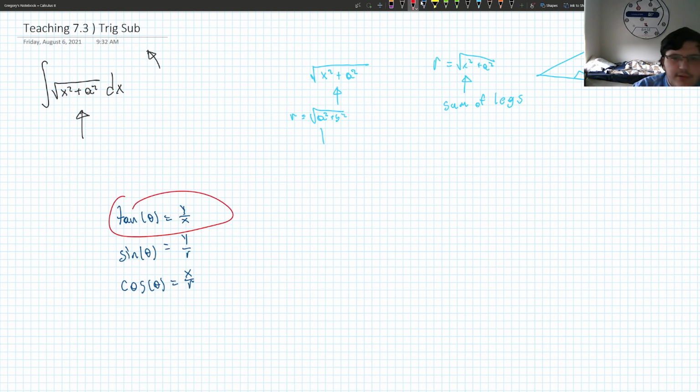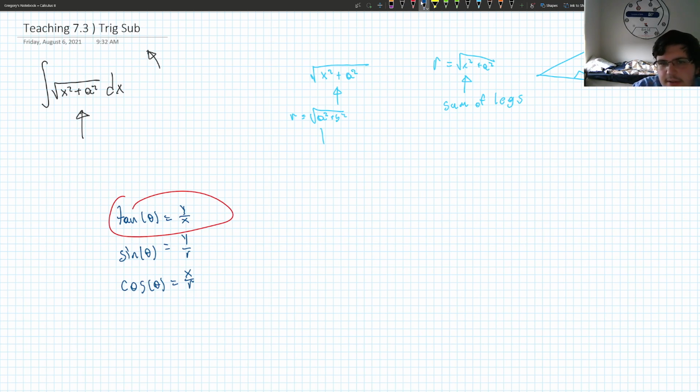So, okay, well, why don't we substitute x for tangent? So we want to do this in a way where we have x over, so x here plus a squared. We want to do this in a way to where we get tangent from the triangle.